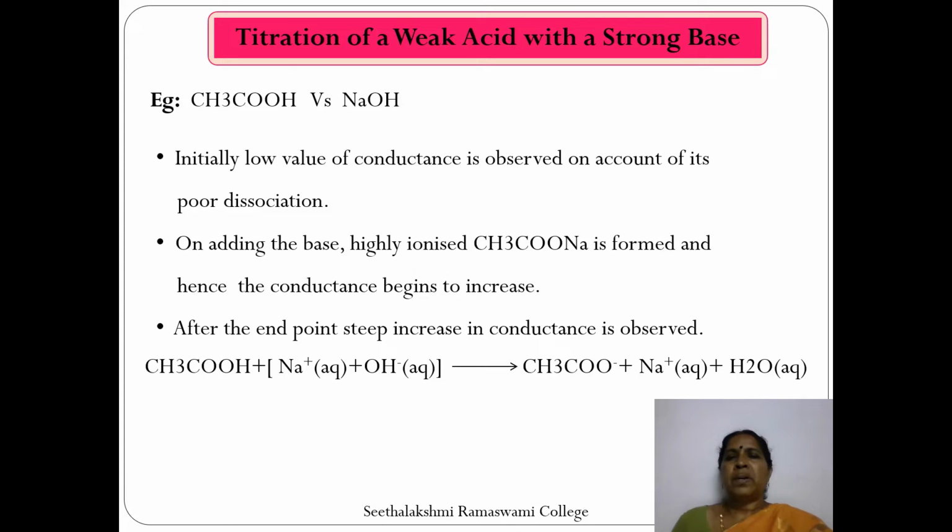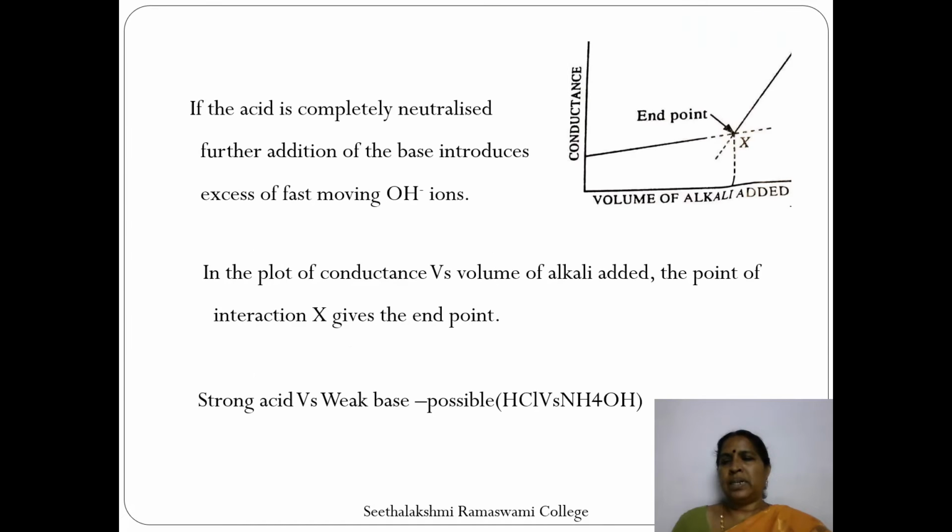Next type, titration of a weak acid with strong base. Example, acetic acid versus sodium hydroxide. Acetic acid is taken in a beaker and sodium hydroxide is taken in a burette. Initially, a low value of conductance is observed. Then on adding sodium hydroxide, a slight increase in conductance is observed.